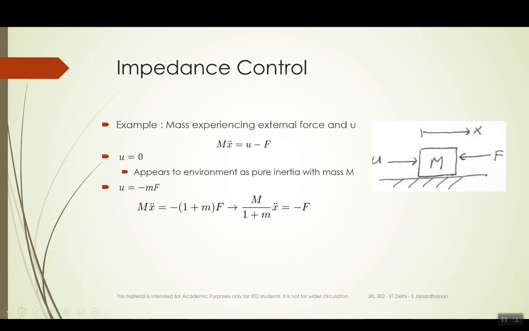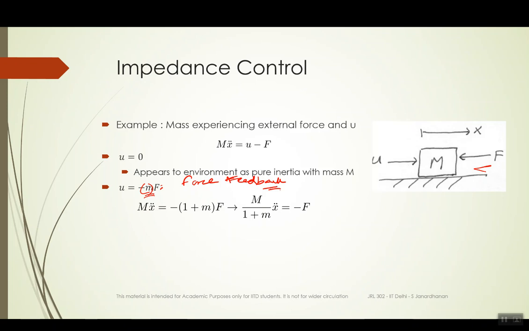However, when you use U is equal to minus mf, where this small m is some constant that we are assuming, and F is the force that is being applied, this uses a force feedback.